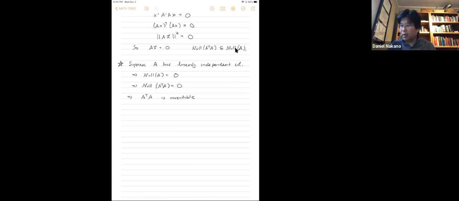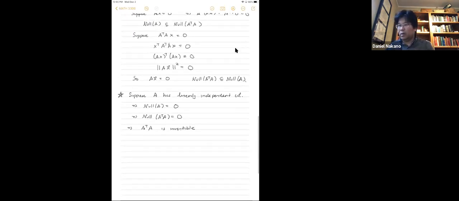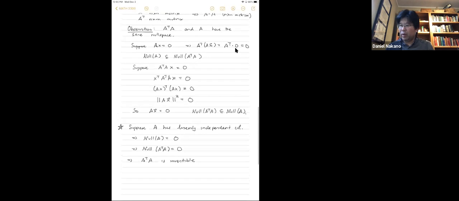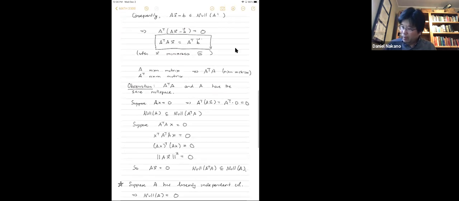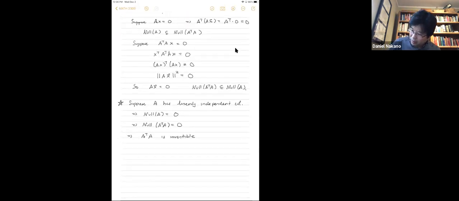All right, so under star, we can go back up to this equation over here and actually invert. If star holds, then our solution is unique.